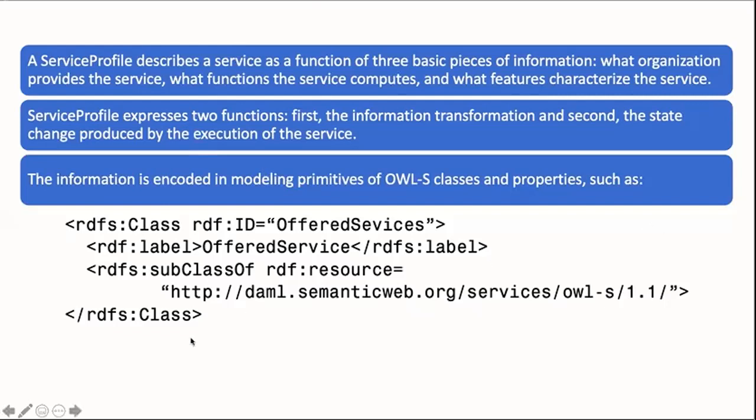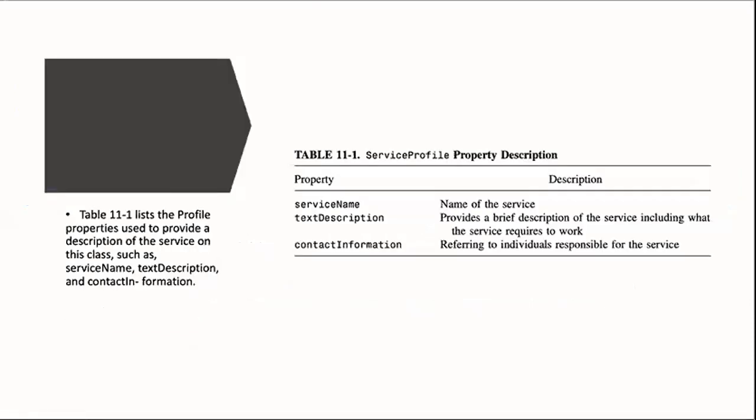It will be encoded, represented like this. This table lists the profile properties to provide a description for the service on this class, such as service name, text description, and contact information.